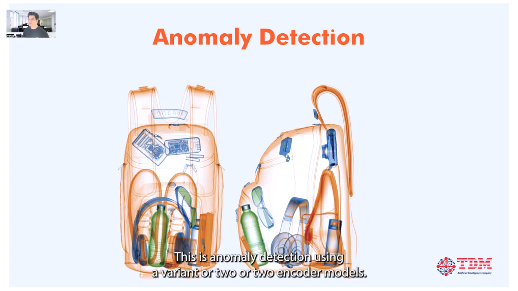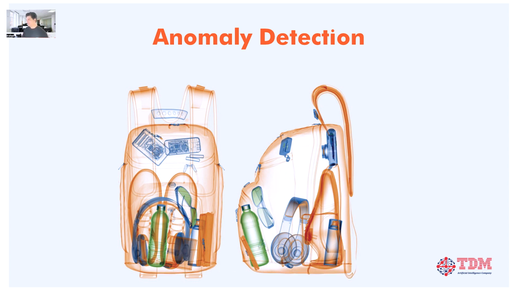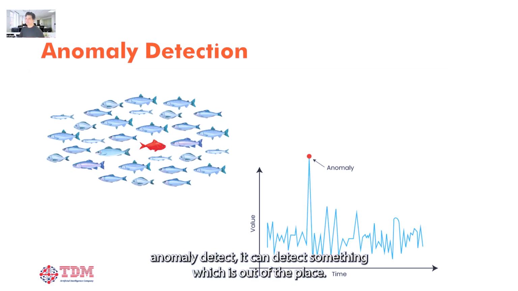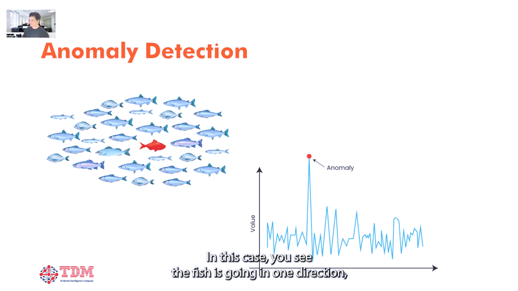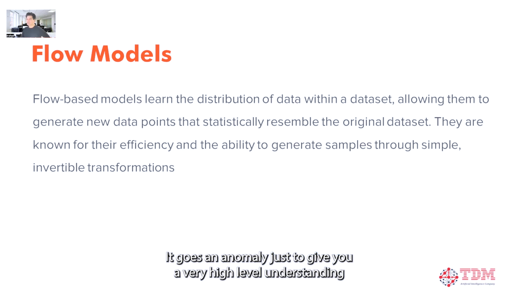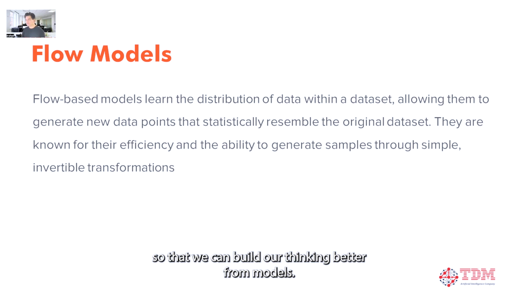This is anomaly detection using variational autoencoder models. It can detect something which is out of place. In this case, you see the fish are going in one direction, but the red one is going in another direction, so it is an anomaly. Just to give you a very high-level understanding so that we can build our thinking better.